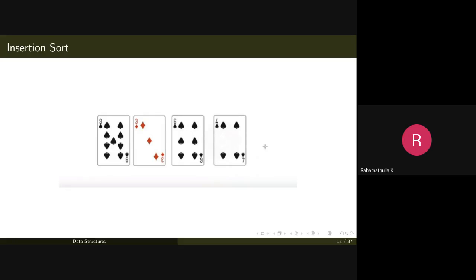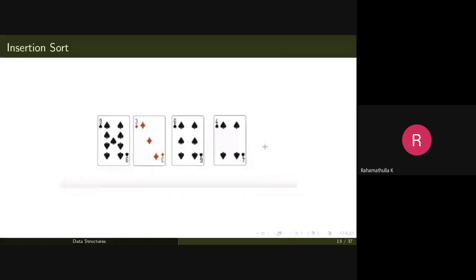In the previous case, in the left hand side we had an unsorted array, and in the right hand side, while transferring the elements, we were getting a sorted array or part of the sorted array. So at any particular instant of time, the left hand side was unsorted and the right hand side was sorted.